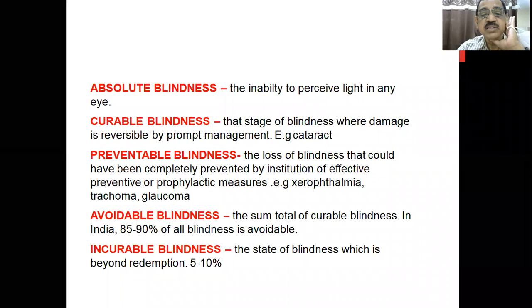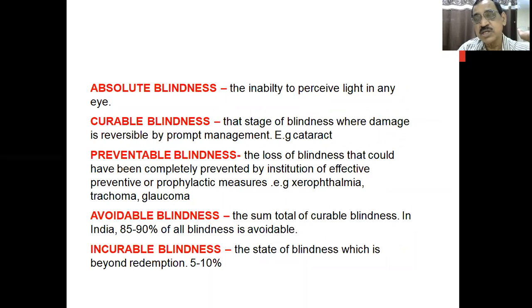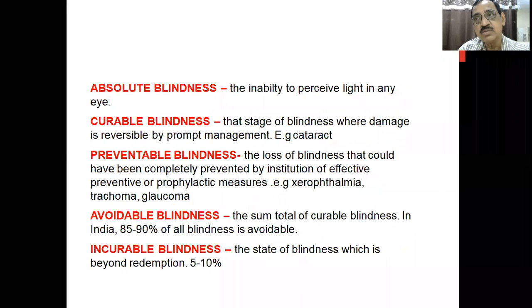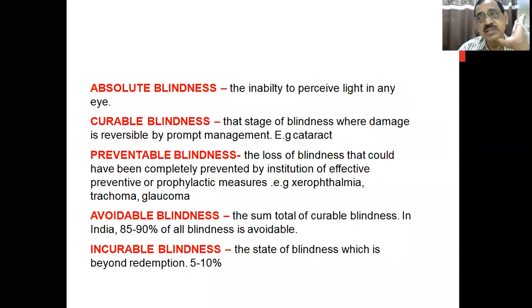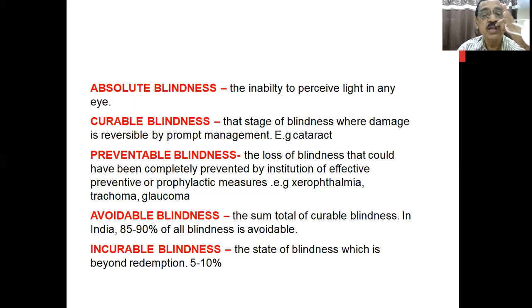And curable blindness is that stage of blindness where damage is reversible by prompt management, for example cataract and glaucoma. If they are treated early, these people will definitely have relief from cataract. Of course, even if it's an advanced one, it doesn't matter.